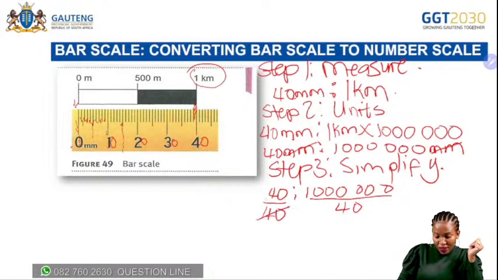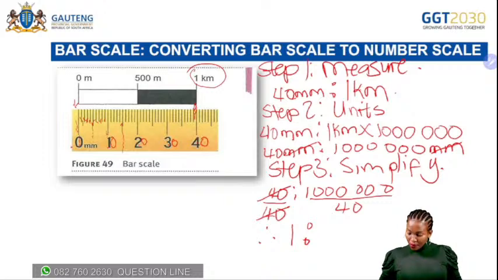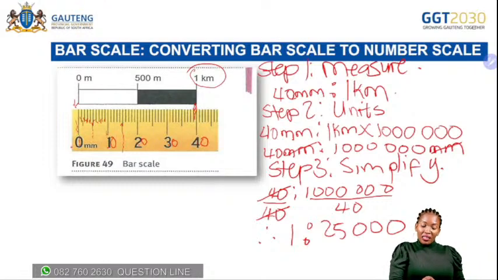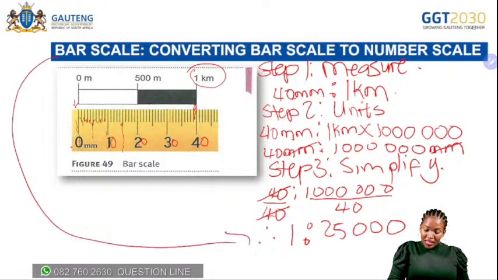Then 40 and 40 cancel. We are therefore left with 1 is to, guys, please assist me, 1 million divided by 40. And I'm getting the answer of 25,000.